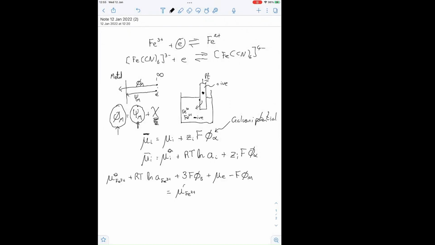The product is only Fe2+, so it's the standard plus RT log activity of Fe2+ plus 2F phi S, because it's a 2+ and it's in the solution.